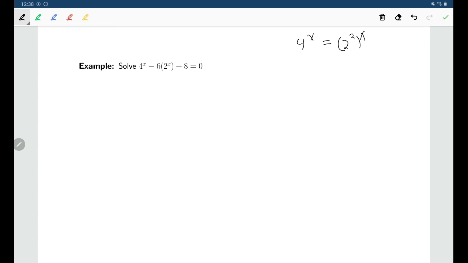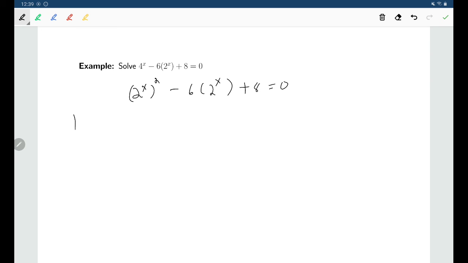And so 2 squared to the power of x is 2 to the power of 2x. So really what we have here is 2 to the power of 2x, but that's the same thing as 2 to the x that's been squared. I originally have 4 to the power of x, but that's really 2 to the power of x that's been squared. And now we can see that this is something where we could do a substitution.